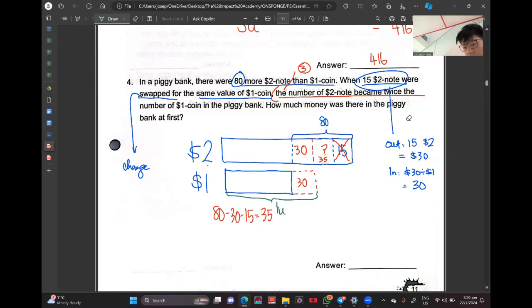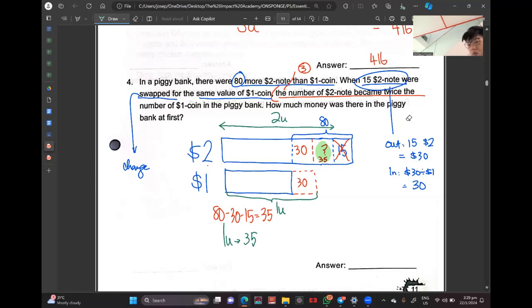Am I making sense here? Right? So if $2 is 2 units, then $1 must be 1 unit. So everything over here, from here all the way until the part before I cancel it, is 2 units. Agree so far? Right? So from here itself, we obviously can see that this 35 over here has to be my 1 unit, and 1 unit is 35. Am I making sense here?